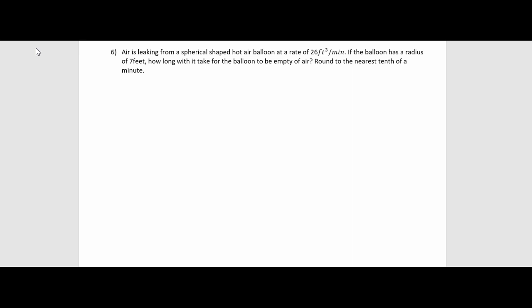Well, we know that air is leaking, but first we need to figure out what the initial amount of air is, right? If the balloon's full, how much air is in the balloon? That's going to be a simple volume equation, right? Volume of a sphere. So volume is equal to 4/3 pi r cubed. The balloon's radius is 7 feet.